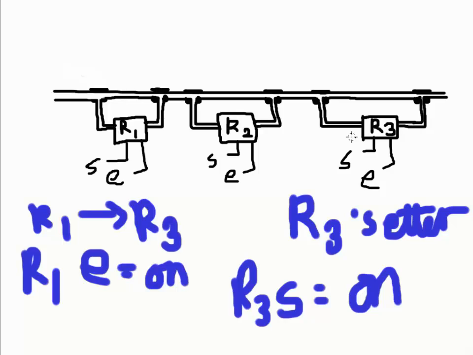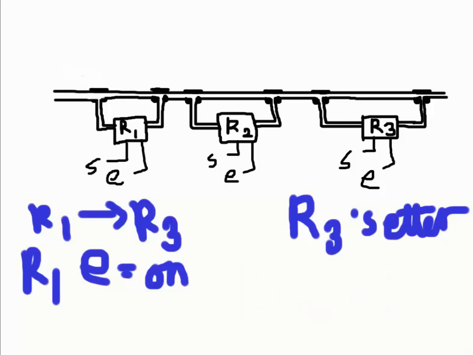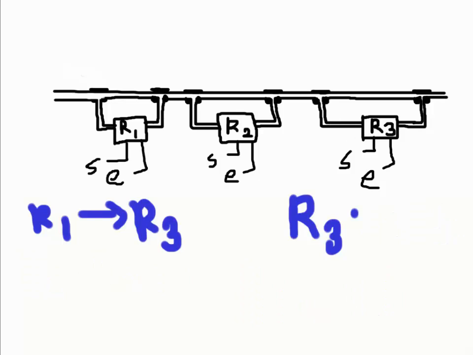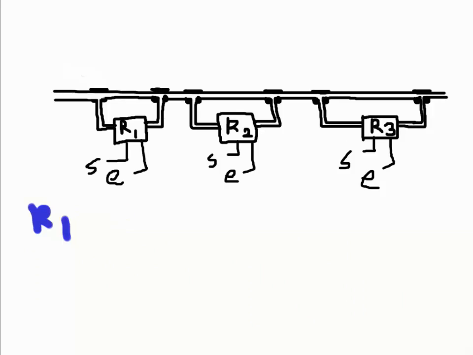Now I'll clarify some doubts that some may have. When the E bit of R1 is on, the bits in R1 are traveling in a bigger space, because it is now connected to the bus. So the enabled bits will travel to all parts of the bus.